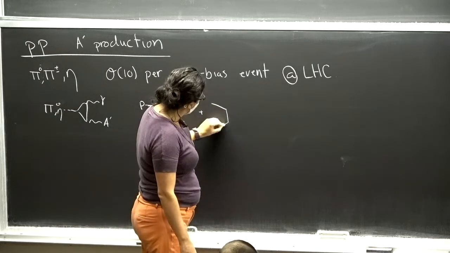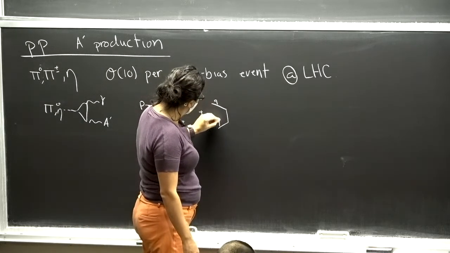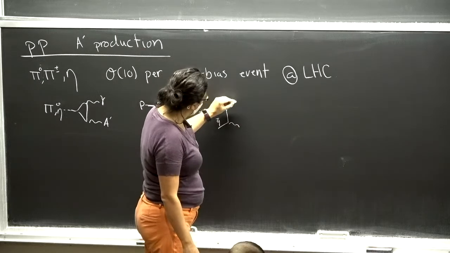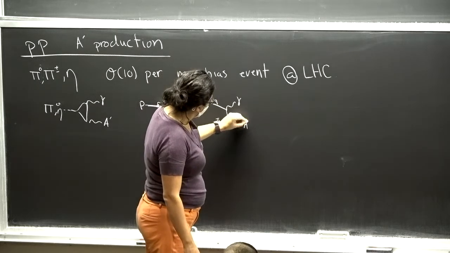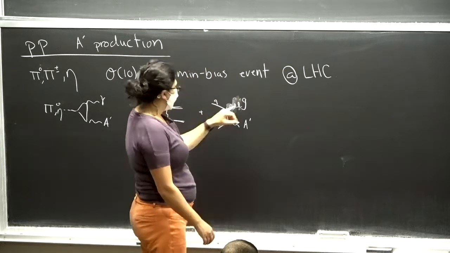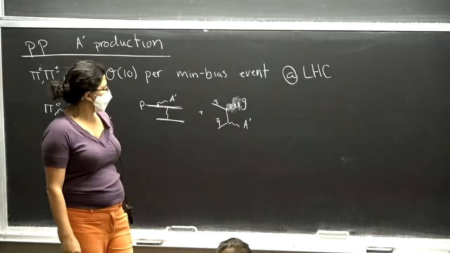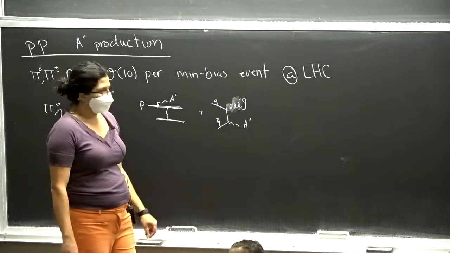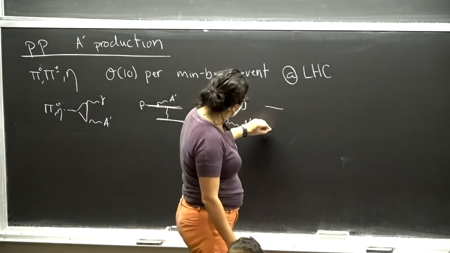And then you also have Drell-Yan-like processes, of which, so q q-bar going to a photon, going to typically not a photon, but a gluon at leading order, plus an A prime. Or you can, of course, add quark-gluon processes as well.